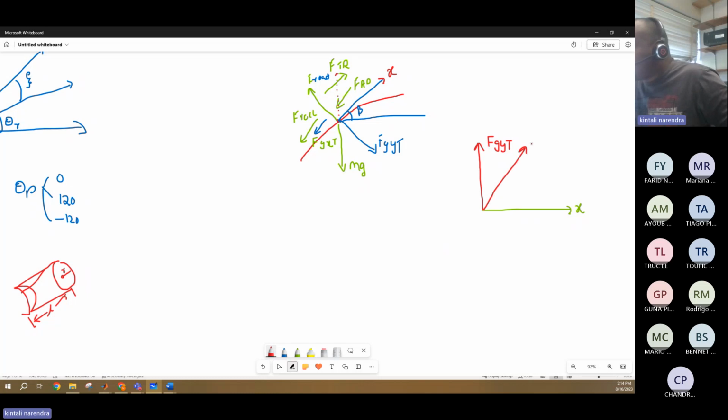I'm just changing the orientation a little bit. See, this is the x-axis. Perpendicular to the x-axis, I have FGYT. To the FGYT, I have mg. Here, this is the mg.